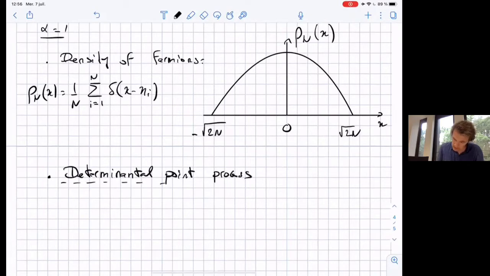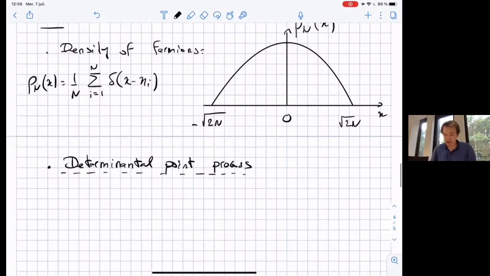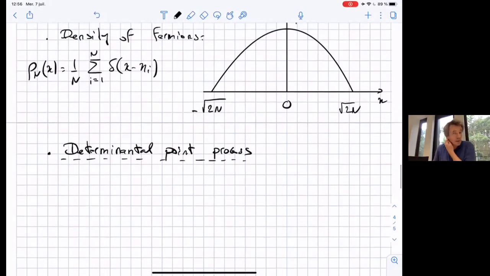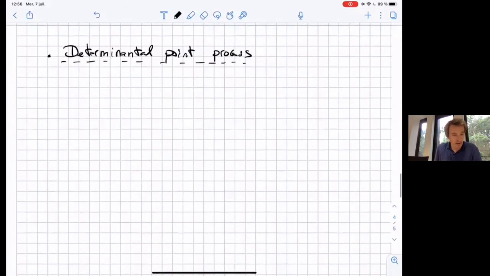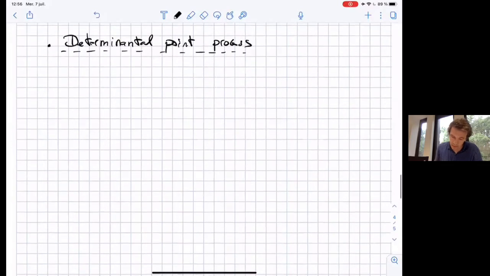These kinds of processes actually play a very important role in many problems in statistical physics and probability theory. And usually, the first quantity which is central in this problem is called the kernel. Let me define it, and let me show you how it naturally enters into the problem. So there is a very nice structure in the case beta equals 2.